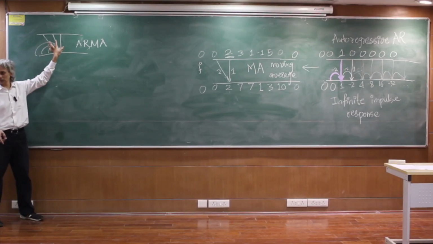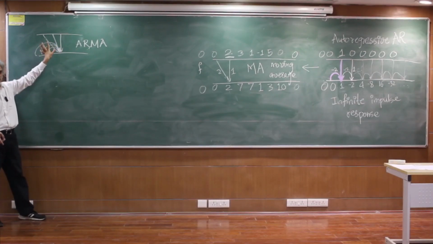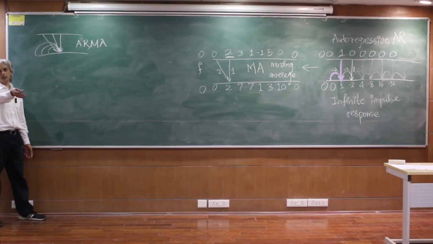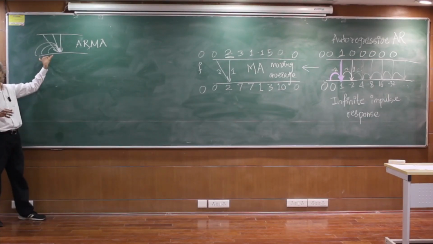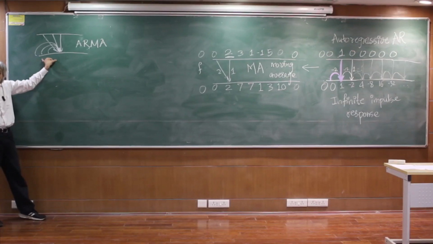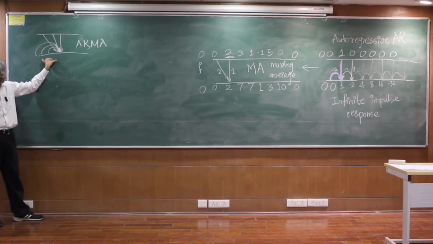We don't even know what it is. The motivation currently was purely mathematical: could we come up with some finite structure of which both moving average and autoregressive are special cases? That was the purely mathematical motivation from which we have created this. That's the only motivation we have right now.